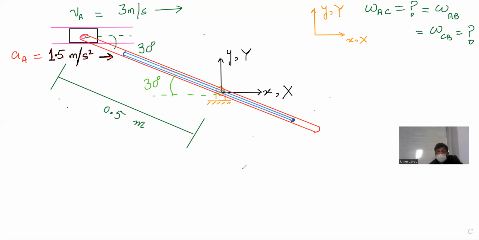And then I have alpha AC equal to question mark, alpha equal to AB equal to alpha CB equal to question mark. Done? So do it. We still have 3 minutes.